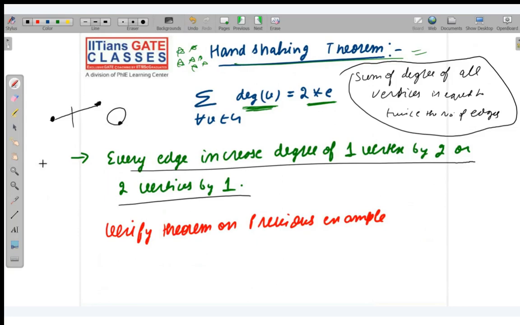So when I sum the degrees of all the vertices, 1 plus 1 gives 2, but the edge is only 1. Here also it is counted twice, but the edge is 1. So obviously the sum of the degrees of all the vertices will be twice the number of edges. Any doubt here?